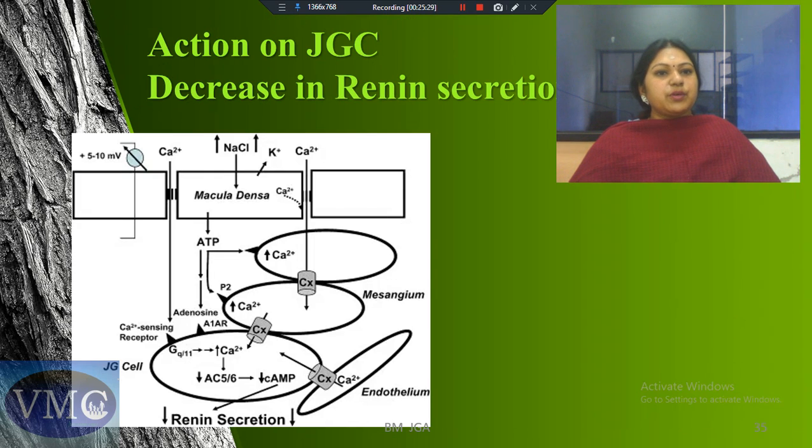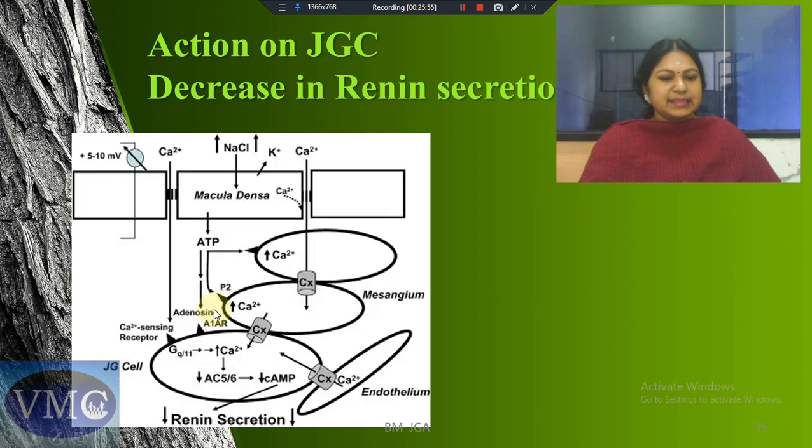I told you that it causes a decrease in the renin secretion, isn't it? So what happens when the macula densa sodium chloride concentration increases? It produces ATP. It goes and activates the juxtaglomerular cells. This ATP not only acts on the smooth muscles, it also acts on the juxtaglomerular cells.